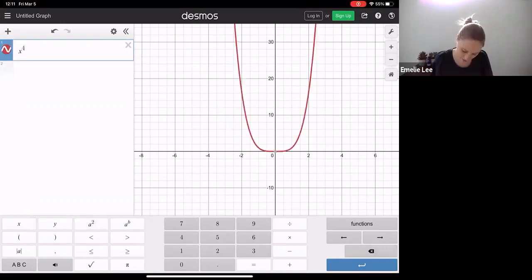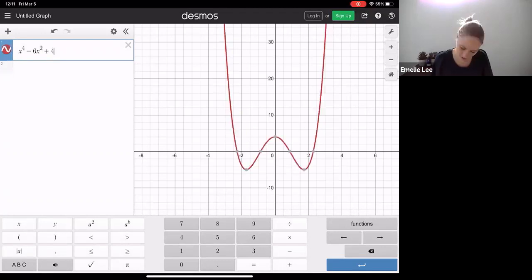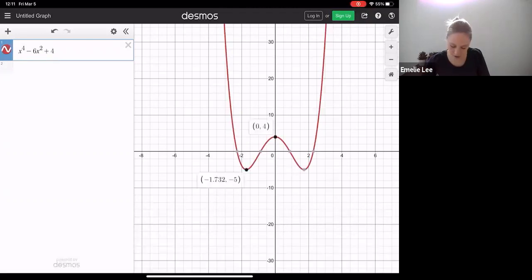X to the power of 4, step it down, minus 6x squared plus 4. So here we could have just grabbed the answers, and of course negative 1.732 is the approximation of the negative root of 3. You could have grabbed it from here, of course, but I need to see the work with finding the derivative and stuff like that anyways. But it's always nice to be able to check your work, right? Oh man, time flies when you're having fun, huh?